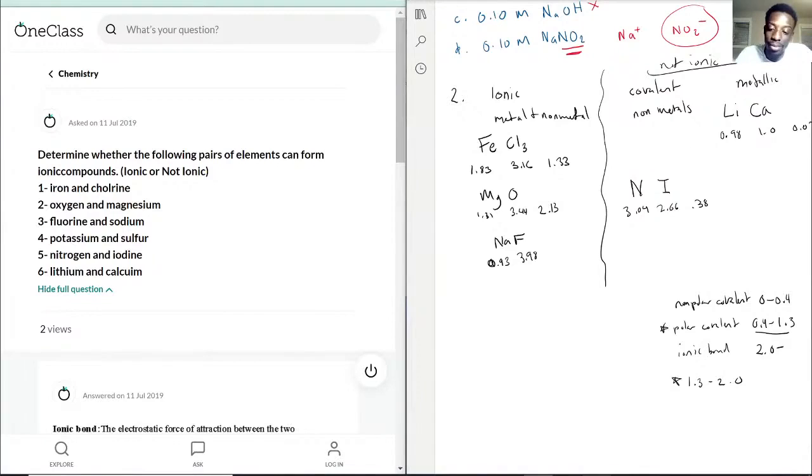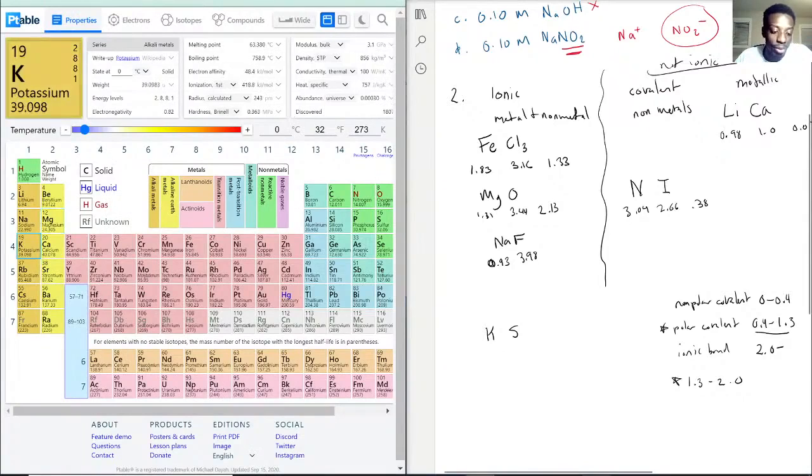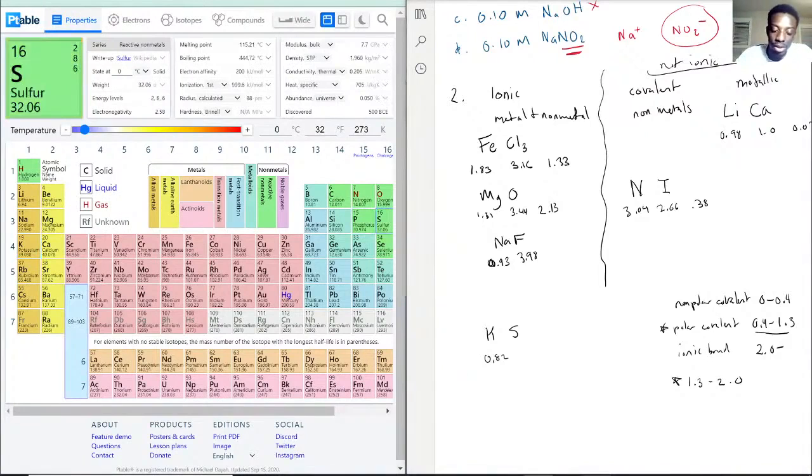Well, now you know phosphorus and sulfur is not ionic, so K and S. Once again, I do not know the compound for it, but potassium is 0.82, sulfur is 2.58, metal and a non-metal, and this is a better example of something that falls within the range, because this would be about 1.76 if I did my math right. Okay, and that would definitely go into the ionic section.